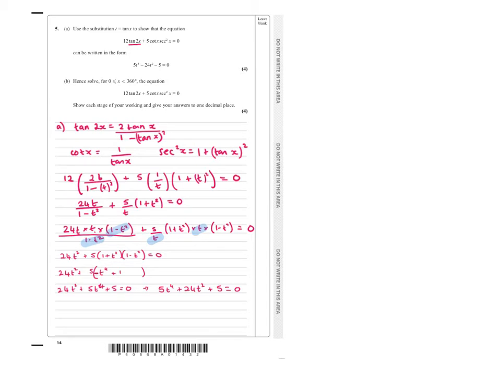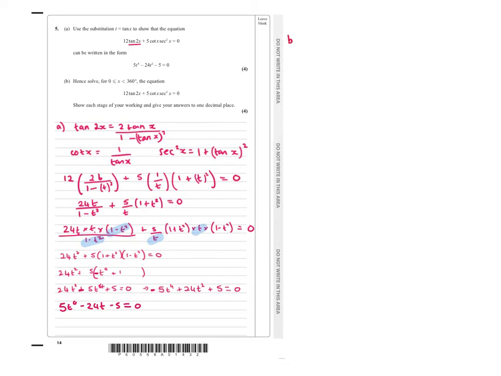This is minus t to the power of 4 because t squared times, so that's minus t to the power of 4. So that's minus, perfect, yep, so they just moved on to the other side. So 5t to the power of 4 minus 24t minus 5. Always double check for that. It's okay to make mistakes as long as you can look back and see where you've got them.